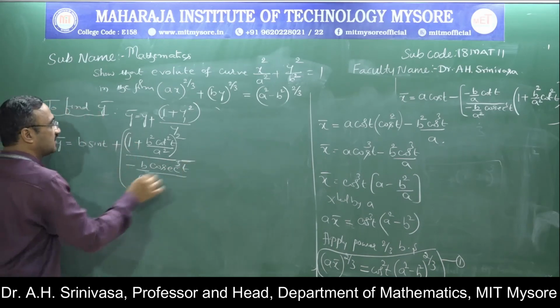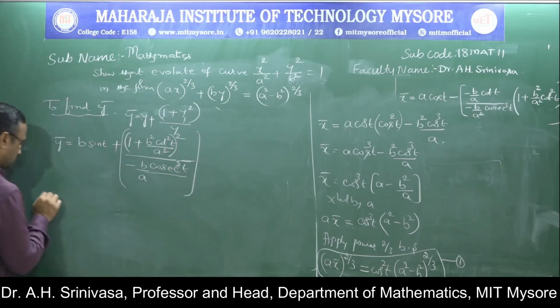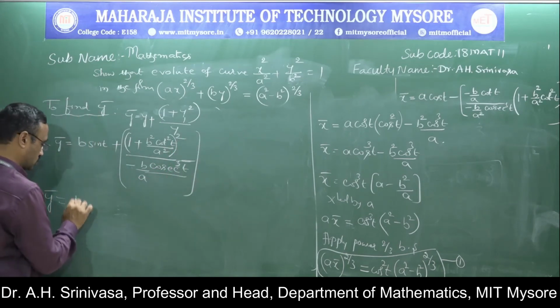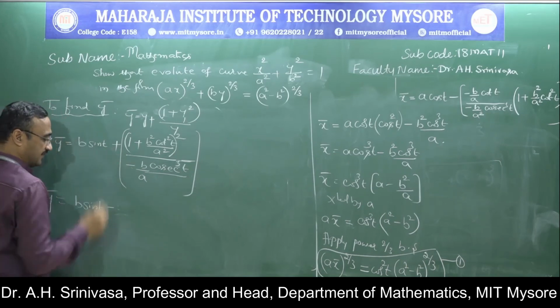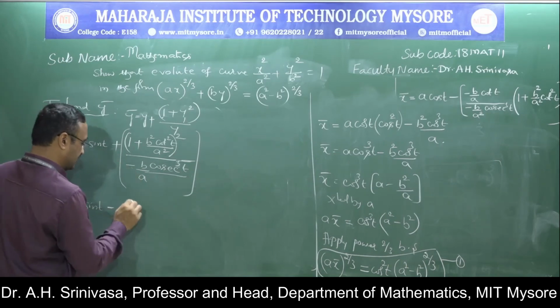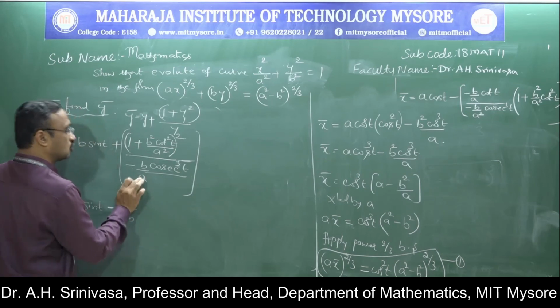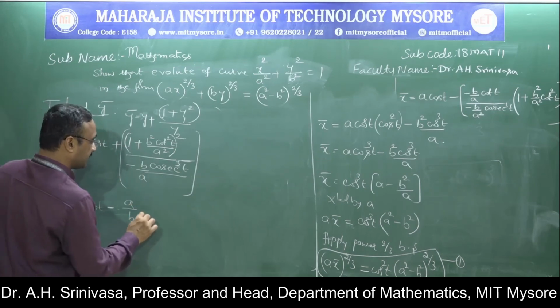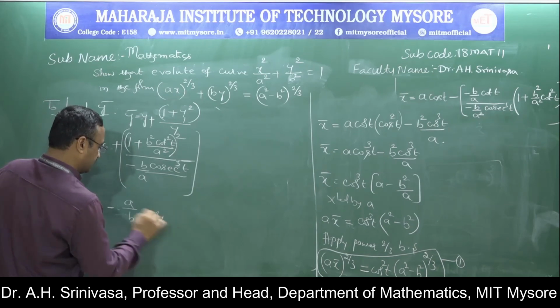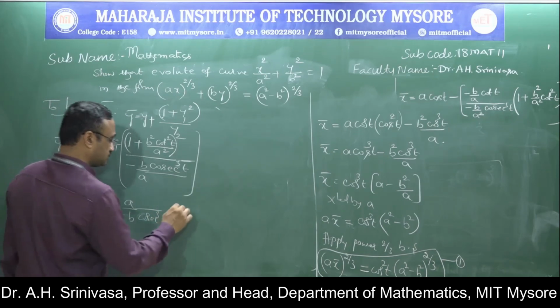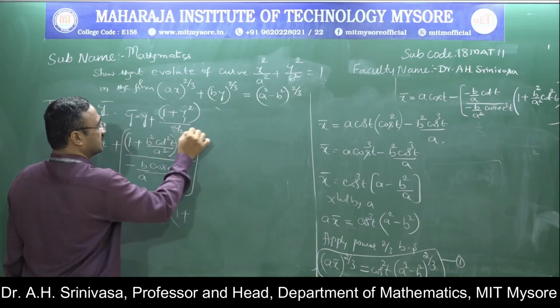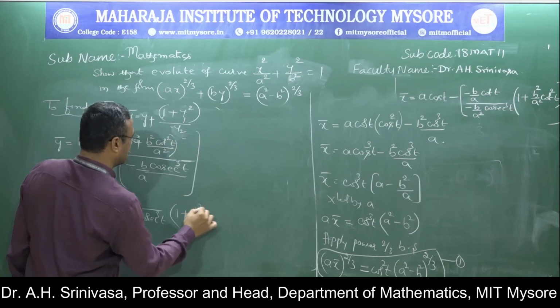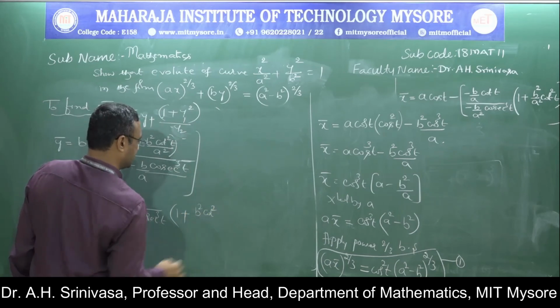Make a simplification for these two. We get y bar equal to b sin t plus, divided by minus, you shift to the numerator, a by b cosecant cube t, into 1 plus b square cot square.